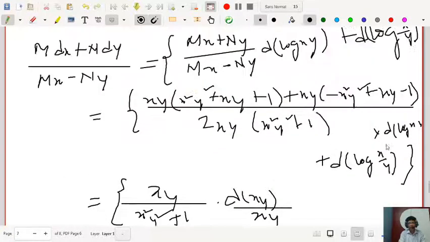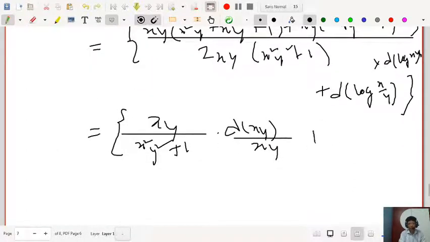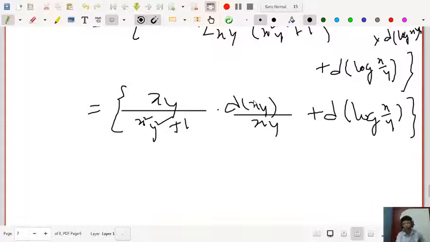What am I writing? I am writing d of log xy as dxy by xy, right? And this one is d of log of x by y. Okay, got it? That makes sense if you write d log of xy as dxy by xy.